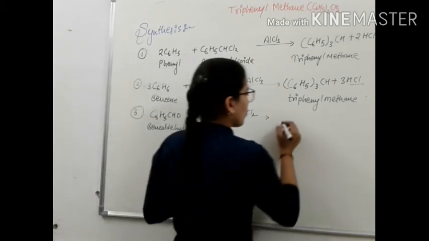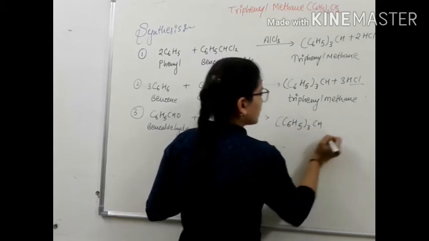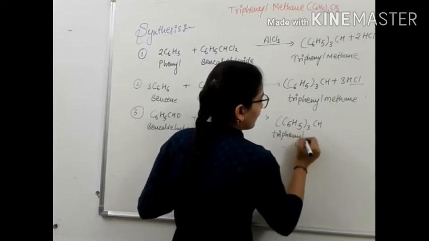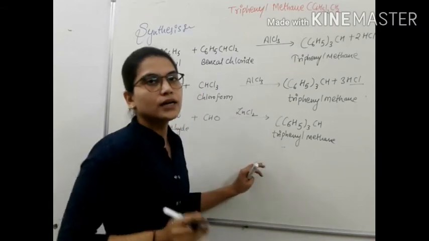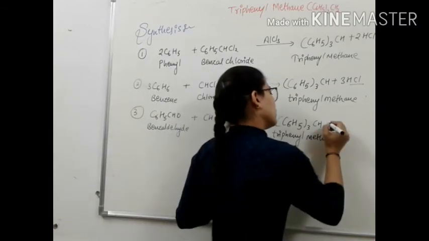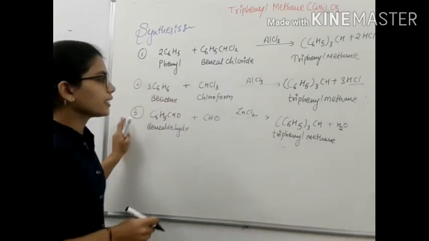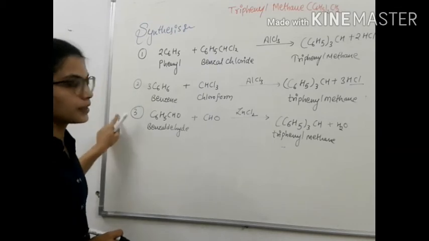The formation of again (C6H5)3CH, triphenyl methane, and the remaining compound is water. These are all the synthesis methods of triphenyl methane.